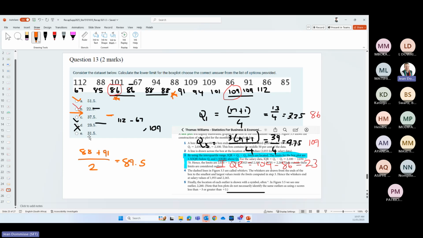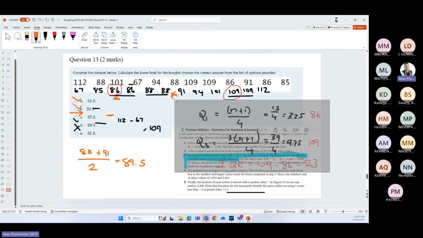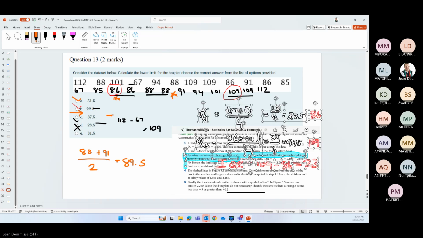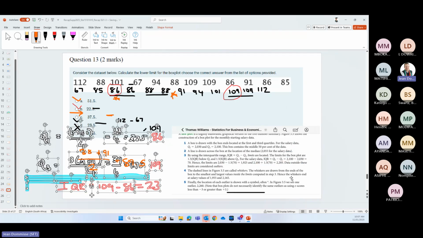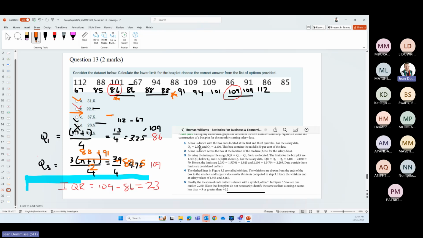I think it was in the mock exam. So it's one of those that we don't see in the study guide. It is in the textbook, somewhere in very small font where they talk about it.